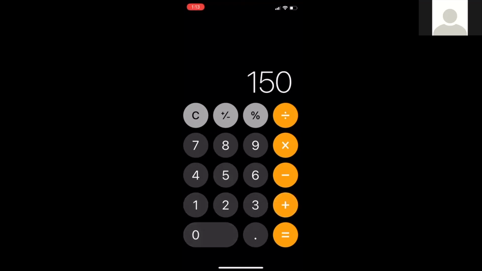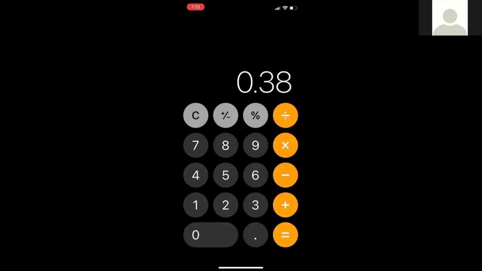So we'll add that. Plus other debt. Now we have car payment of $400, plus we have credit card payment of $450. So this gives us $4,750, and we will divide that by 12,500, which is our monthly income that has been given.